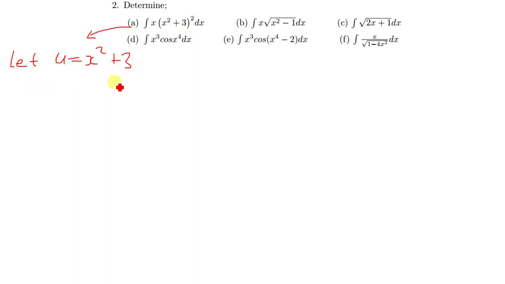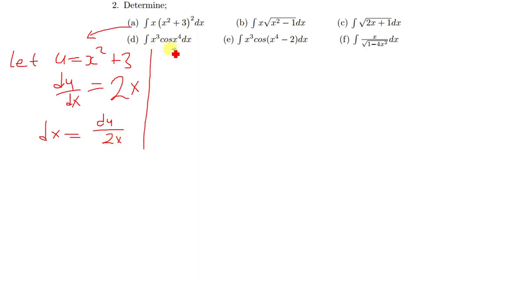First, before I even do that, let me find du dx. So du dx is going to give me 2x. By now I'm sure you know how to find derivatives. So du dx is just 2x. So meaning my dx will now be equal to du over 2x. So now we can write our expression in terms of u.